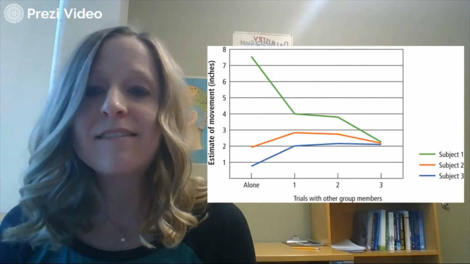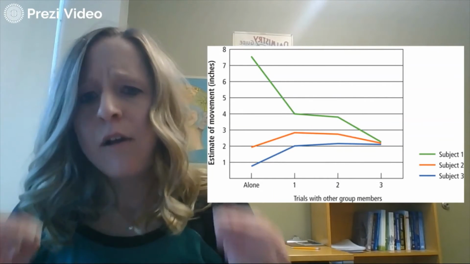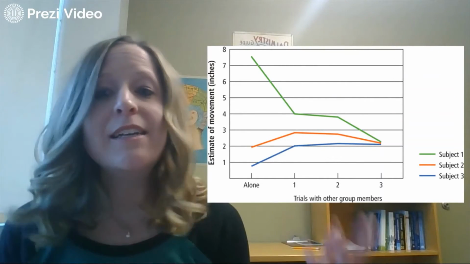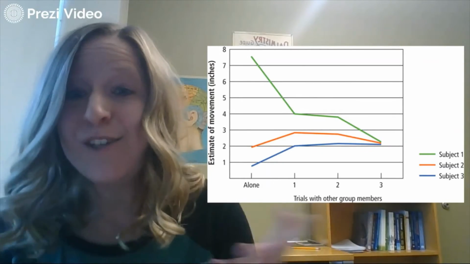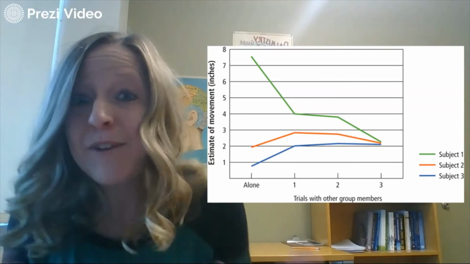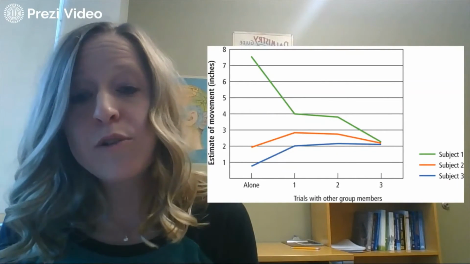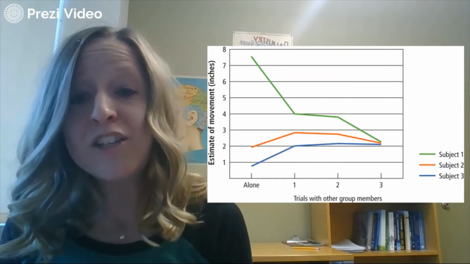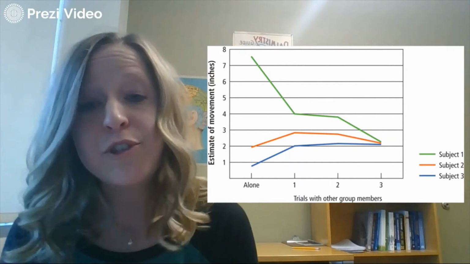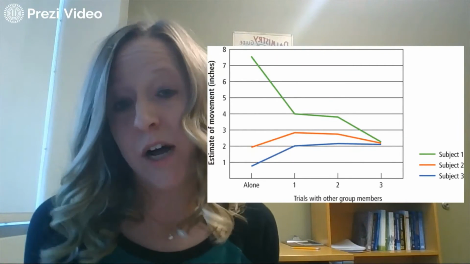So we have this highly ambiguous situation. Our participants are unsure. What is the correct answer? I don't know. I think it's moving 6 inches, but I'm not sure. And so in the context of the group, they're exposed to social information, and participants are using this social information as a guide for how to respond.